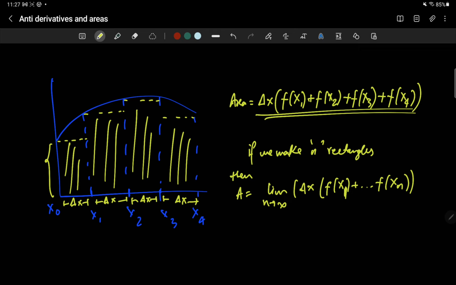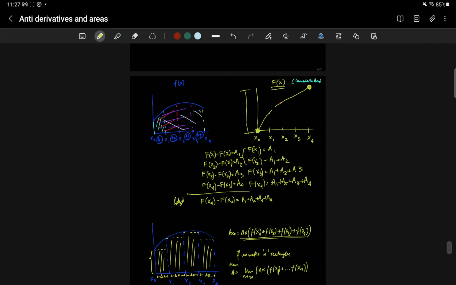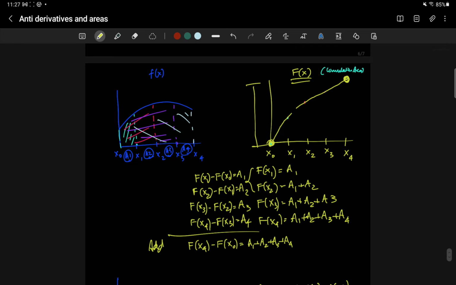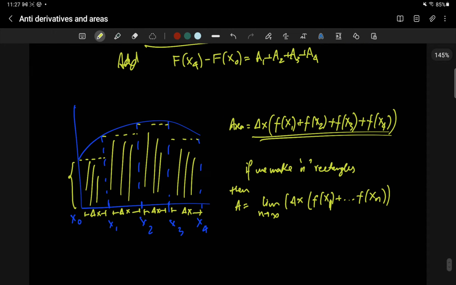We're saying that if we make the rectangles skinnier and skinnier, then they are going to give us a better estimate of the area. So at this point, we have two different interpretations of area. We have an interpretation of area based on the difference of cumulative areas, which comes from the antiderivative, and the second one is an estimation method using rectangles.